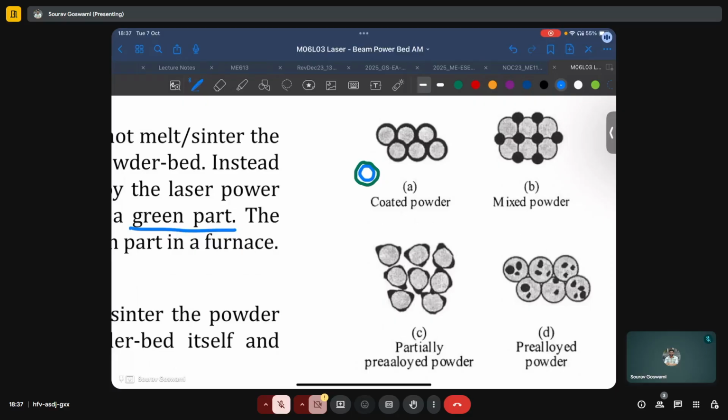Or we can have mixed powders, where instead of the low temperature component being coated individually onto particles, which will be a costly and sophisticated process, we can just physically mix them together, trying to achieve a good uniform distribution.